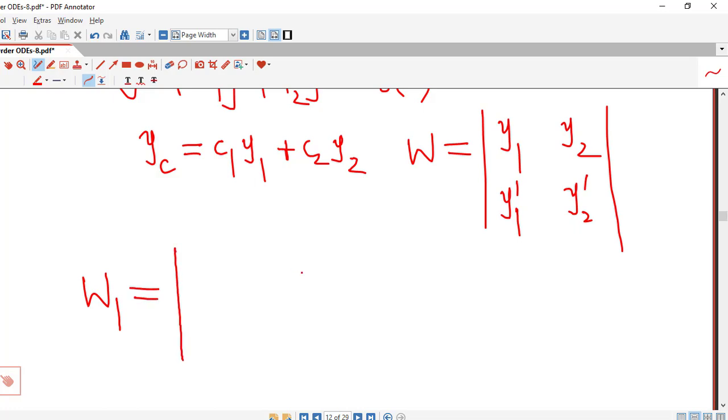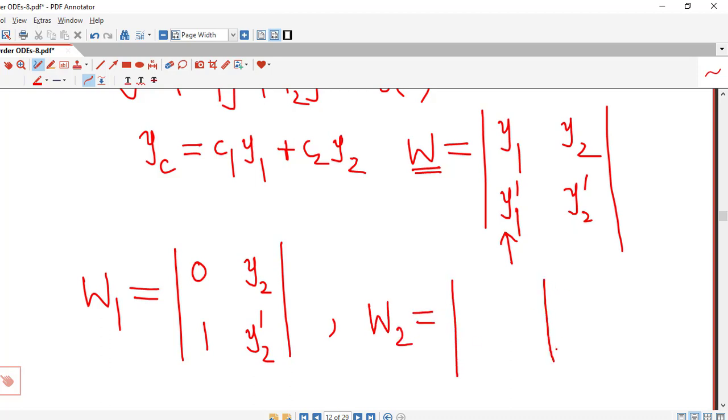So w is the Wronskian, and w1 is the determinant obtained from the Wronskian by replacing the first column by the column 0, 1, and we consider the second column as it is. Similarly w2 is the determinant obtained from the Wronskian by replacing the second column by 0, 1, with the first column as it is.